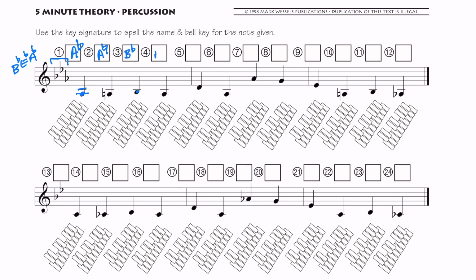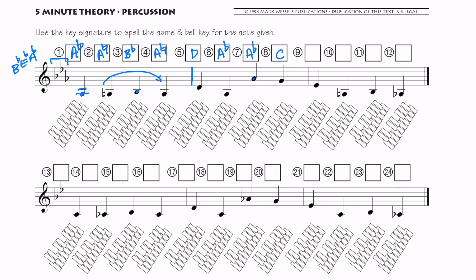Here's an A. In the key signature, it's A flat, but I had an A natural, so that's going to be natural. That's going to matter when we go to our keyboard to find the correct note. A D. Here's an A. Now remember, we passed a bar line, so it goes back to the key signature, flat. Here's an A. There's no natural sign, so A flat again.